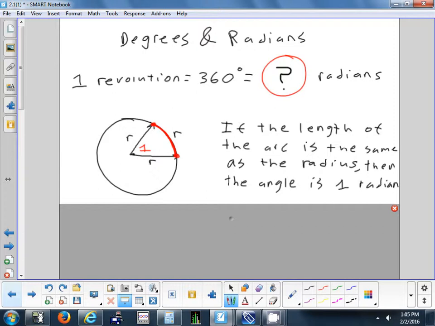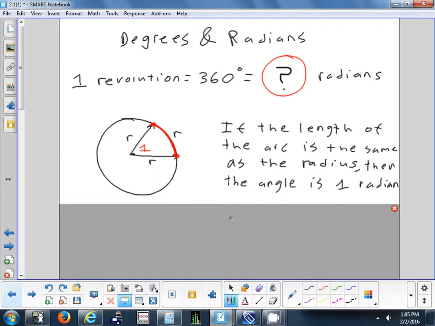Notice I didn't label RAD because when we're using radians, we usually don't. The only time you put a label is if you want degrees. You put the little circle. So if you draw an angle and the size of this arc just happened to come out exactly the same as the size of the radius, you just drew an angle that is 1 radian.